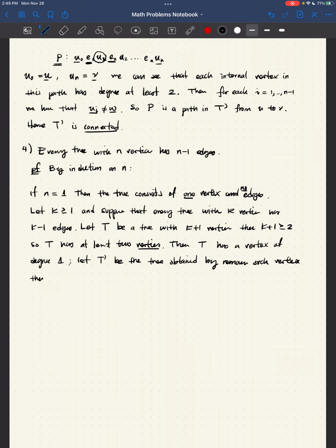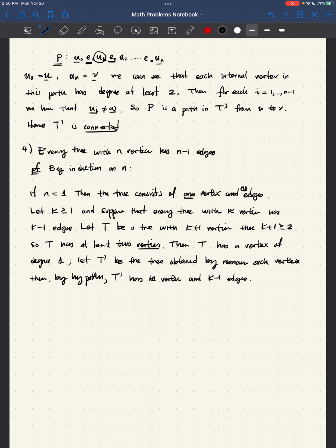Well, then, by hypothesis, T prime has k vertices, and hence k minus 1 edges.